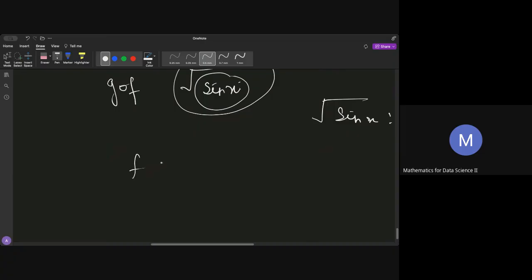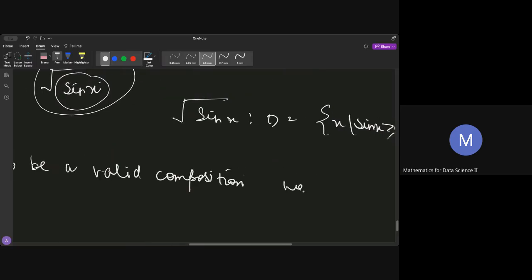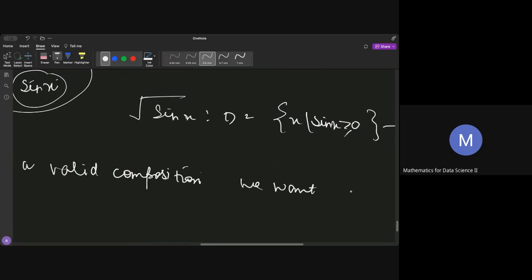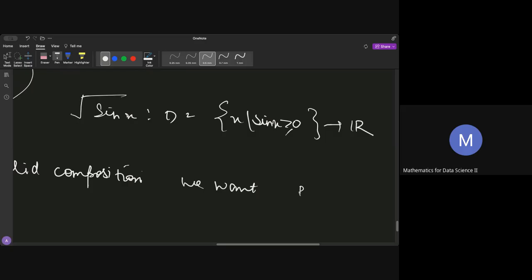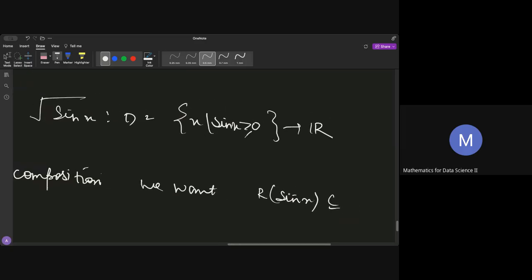So if I'll take f(x), where is your sin x positive, by the way? The sin x looks like this. So for this composition to be valid, let me just write this thing here. To be a valid composition, we want the range of sin x to be contained in the domain of G, right?